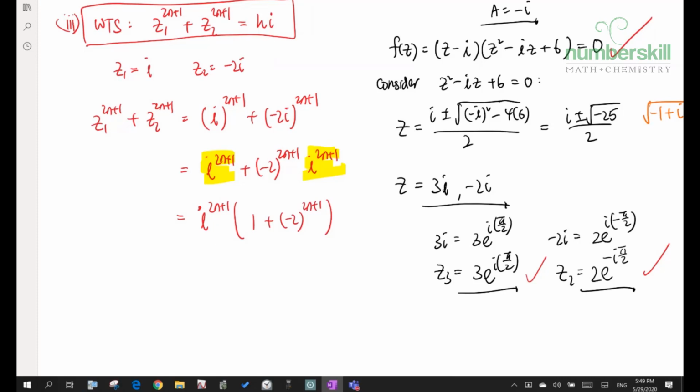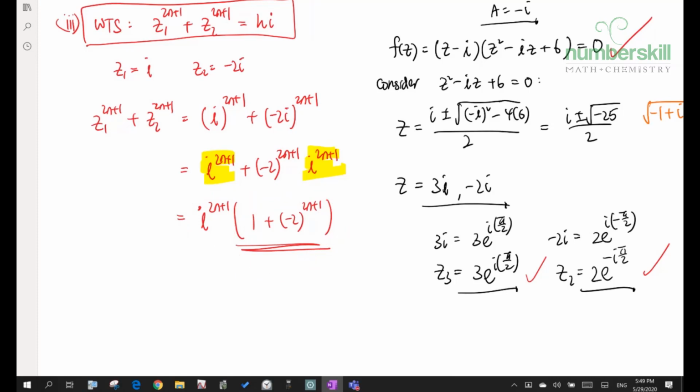You just need to convince people that, hey, guys, this is never going to be 0. That's all. Because if this is never going to be 0, I don't care positive, negative, or whatever. I just want to know that this cannot be 0. Because if this is not 0, and therefore this is always I, for whatever n may be, then I have my H I already. Clear? Okay.